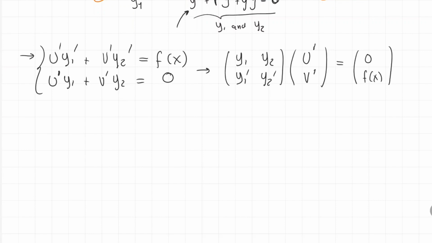Well, it says that we can find u prime if we take the determinant of the next matrix. We need to put 0, f of x in the column places, and then here we are going to put y2 and y2 prime and take the determinant of this.